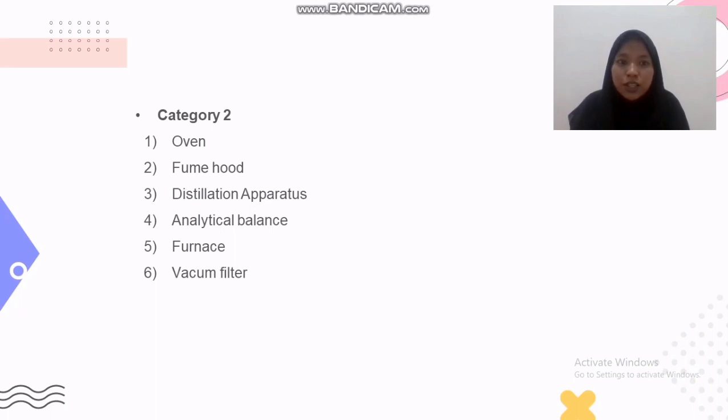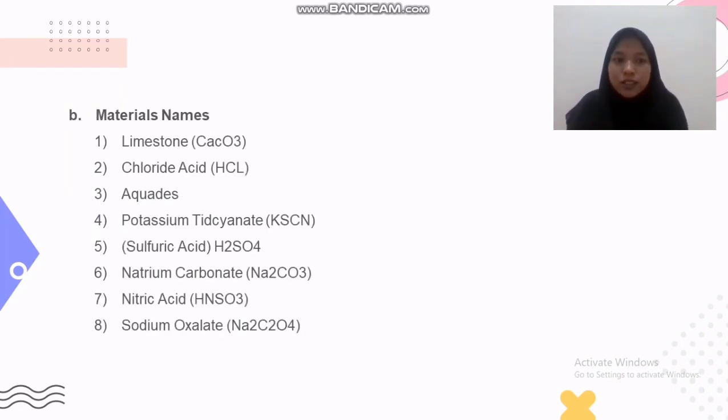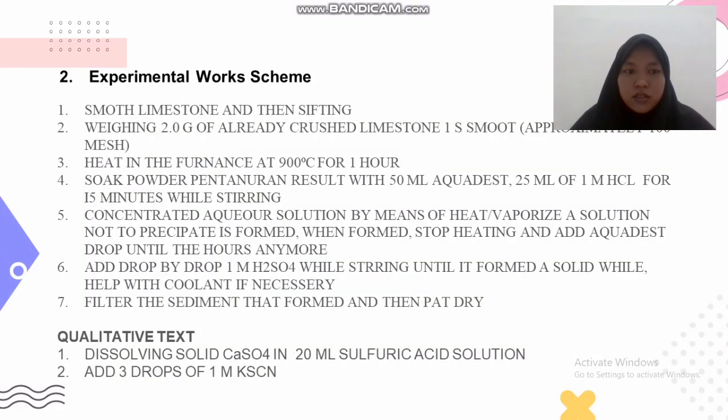Category 2: oven, hot plate, distillation apparatus, analytical balance, furnace, vacuum filter. The materials are limestone, hydrochloric acid, aqueous, potassium thiocyanate, sulfuric acid, sodium carbonate, nitric acid, and sodium oxalate.